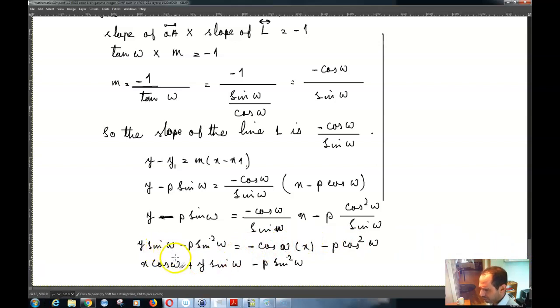And then over here you have x times cos omega. This is negative. No, this is positive, and this is positive. Okay. So then let me rewrite this part again.